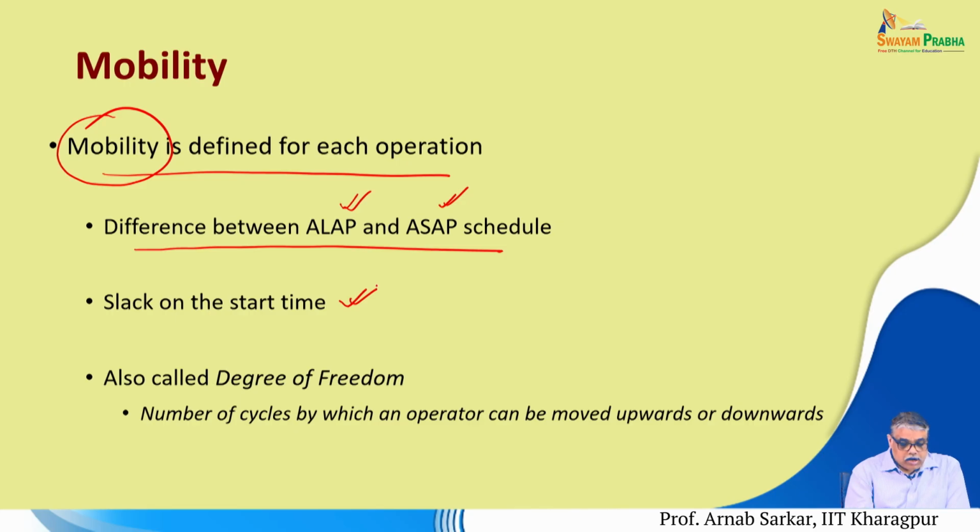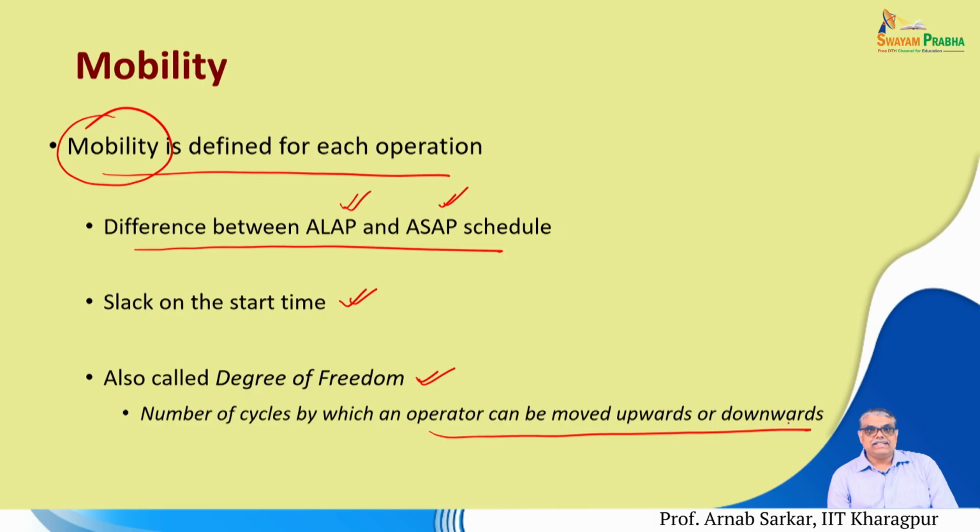Mobility is also called the degree of freedom. That means the number of cycles by which an operation can be moved upwards and downwards. This is the maximum number of time steps I can move the operation lower or upwards in the schedule.